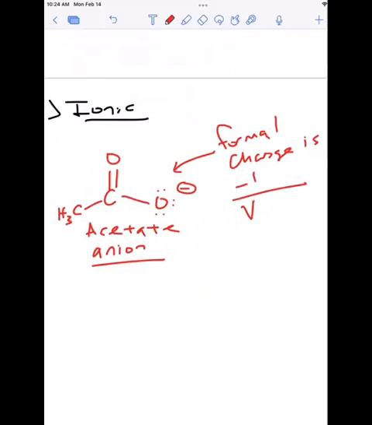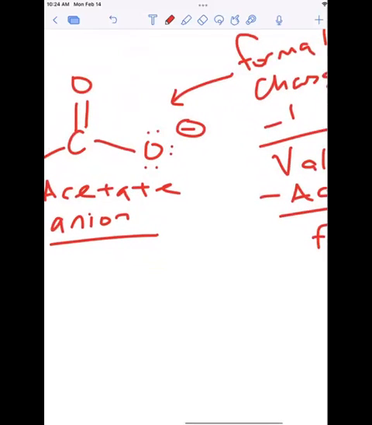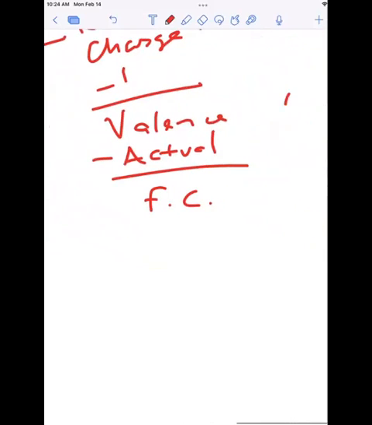Right, I said if you take the valence electrons and subtract the actual electrons, that's the formal charge. So what group is oxygen in on the periodic table? Go all the way across, past the metals into the non-metals. Tell me where oxygen is. Group 6. So oxygen has 6 valence electrons.